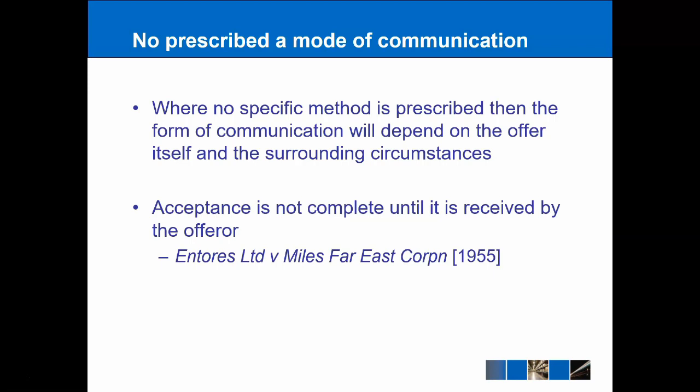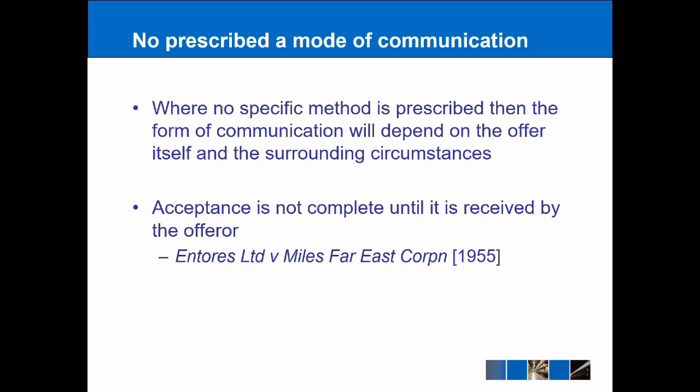Now, generally speaking, acceptance when the parties are in the presence of each other is not complete until it is actually received by the offeror. So although it's an old case, Entores Limited v Miles Far East Corporation from 1955 was based on a system called Telex, which operated as a sort of early version of text messaging.